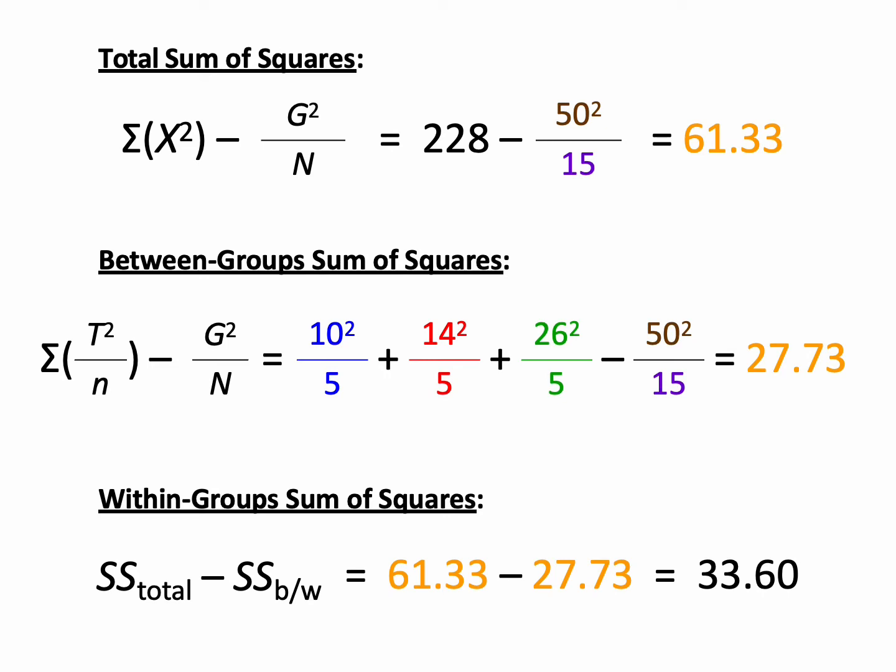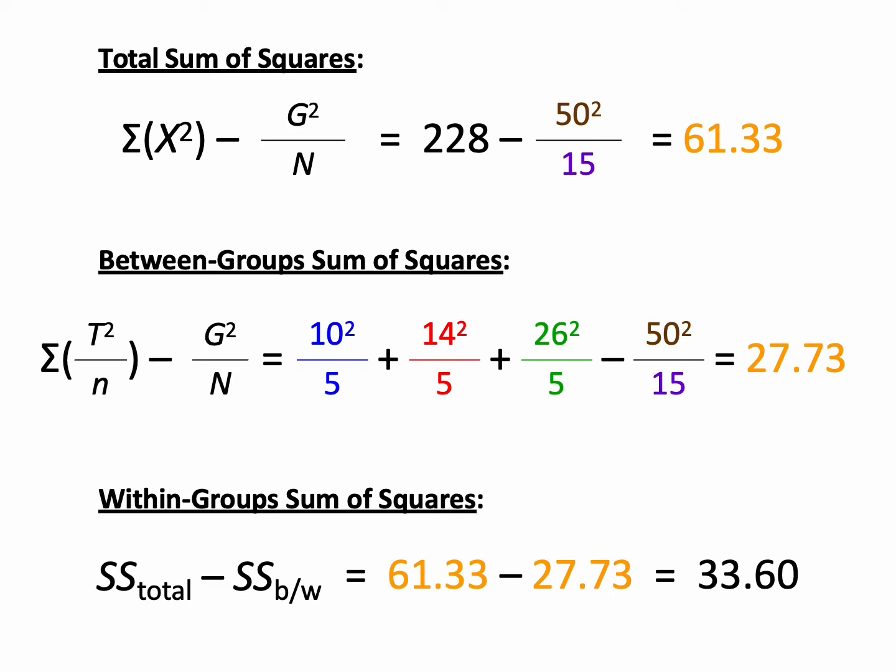Now we're going to calculate our between groups sum of squares. The formula is the sum of T squared over n, minus G squared over N. We know that G squared over N is 50 squared over 15, so we have that already from our previous formula.